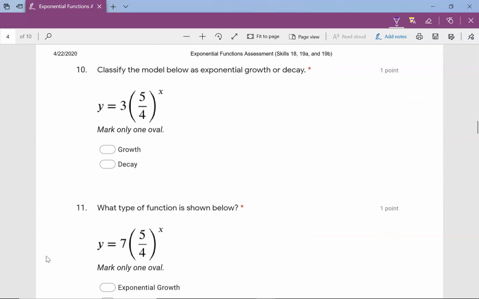For the next one, we're supposed to classify this as growth or decay. They give you 5/4, but you have to be really careful because 5/4 is the same as the decimal 1.25. Since that number is greater than 1, we know that has to be growth. Okay?